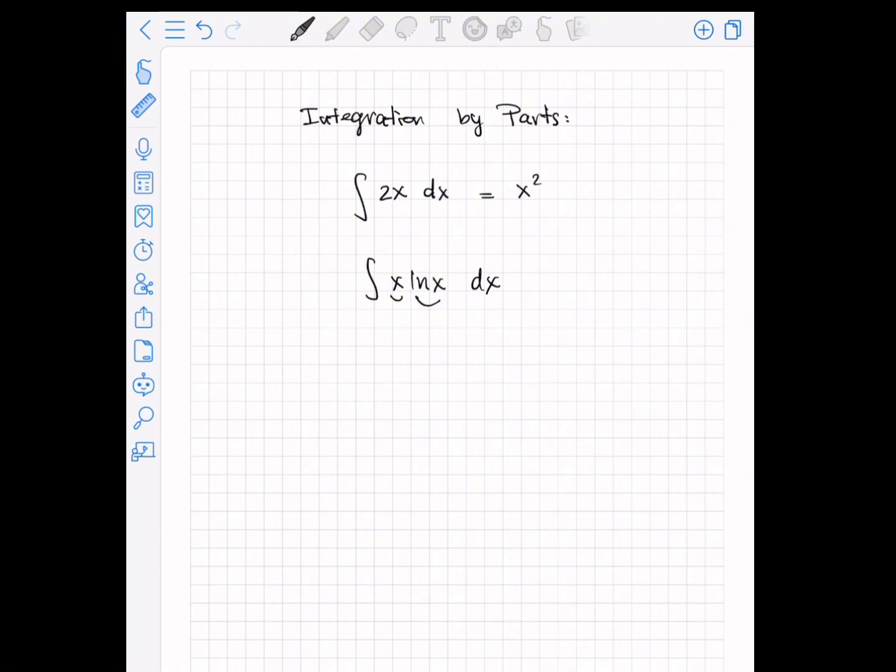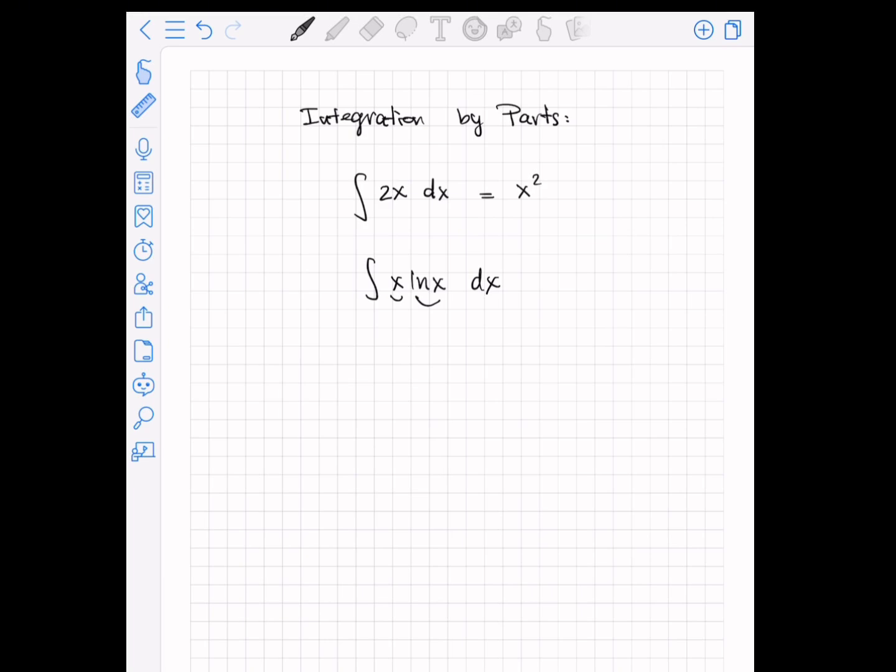So first thing, we're going to choose one of the functions, the easiest one to integrate, or the easiest antiderivative to find. For ln x, if I ask you what's the antiderivative of ln x, it's going to be a very long one, very hard, very challenging to remember.